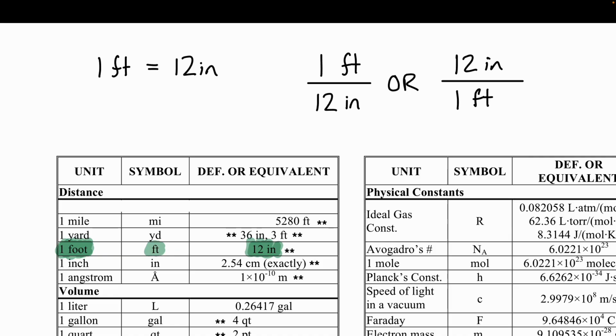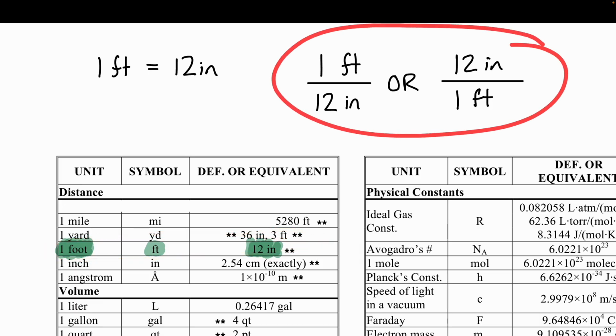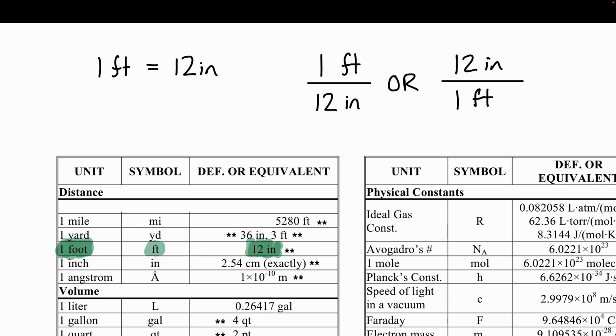All right, so that entry on my table here is how I built my conversion factors. And just like we were converting between these metric prefixes, you're going to play that same game that we just did. But what you're going to do for me is you're going to tell me if I have 42 inches, how many feet is that? Use this conversion factor here.